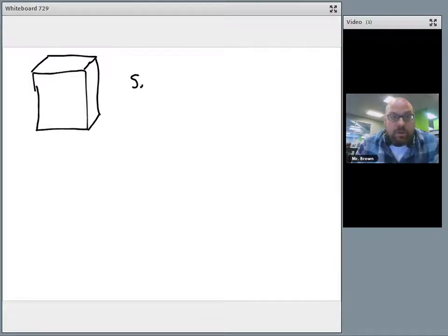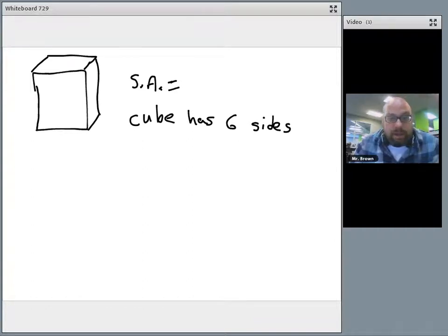In surface area, I'm going to calculate SA, surface area. The way to calculate that is you take the area of one side and then multiply it by 6, because a cube has 6 sides. Like when you roll a die in a board game, that's a cube, and it has 6 equal sides.